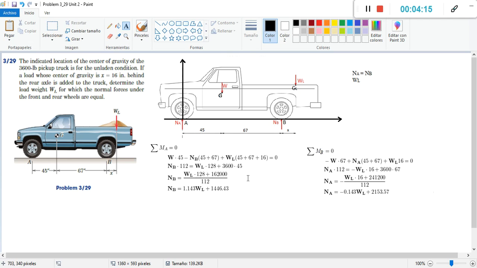So we can write the equation in terms of NB, and we pass this NB to the left.